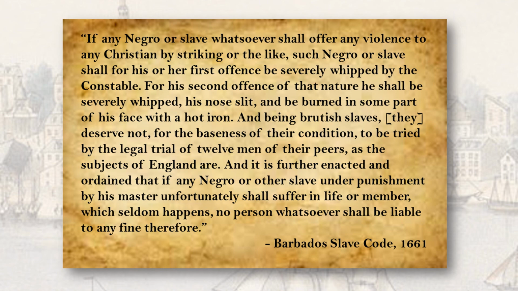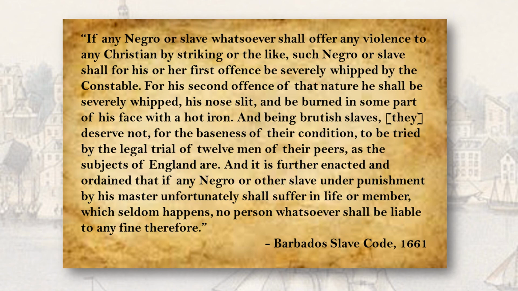If any Negro or slave whatsoever shall offer any violence to any Christian by striking or the like, such Negro or slave shall, for his or her first offense, be severely whipped by the constable. For his second offense of that nature, he shall be severely whipped, his nose slit, and be burned in some part of his face with a hot iron.